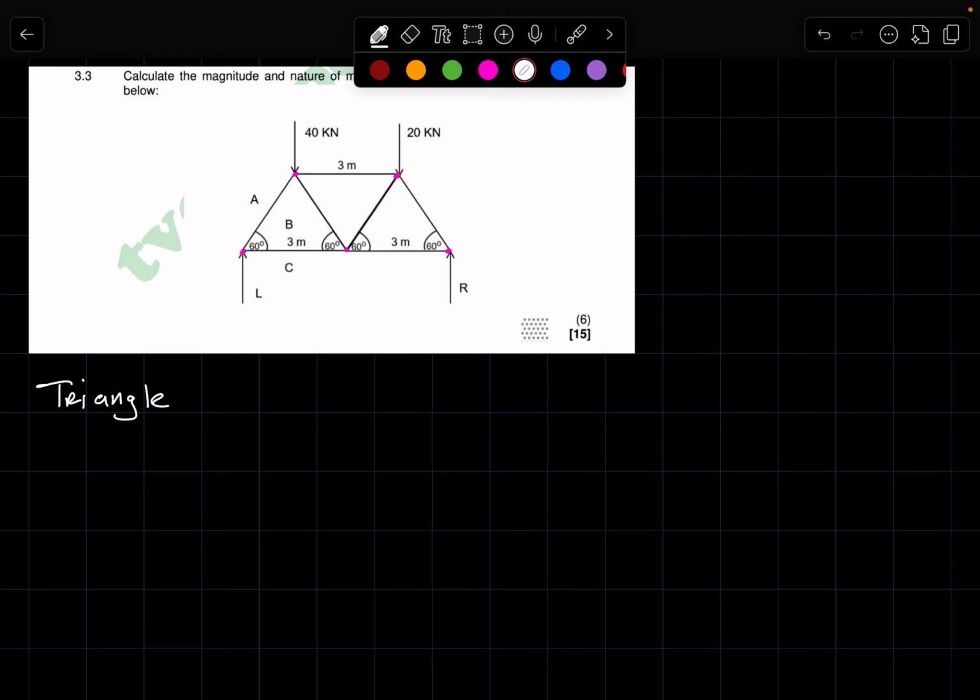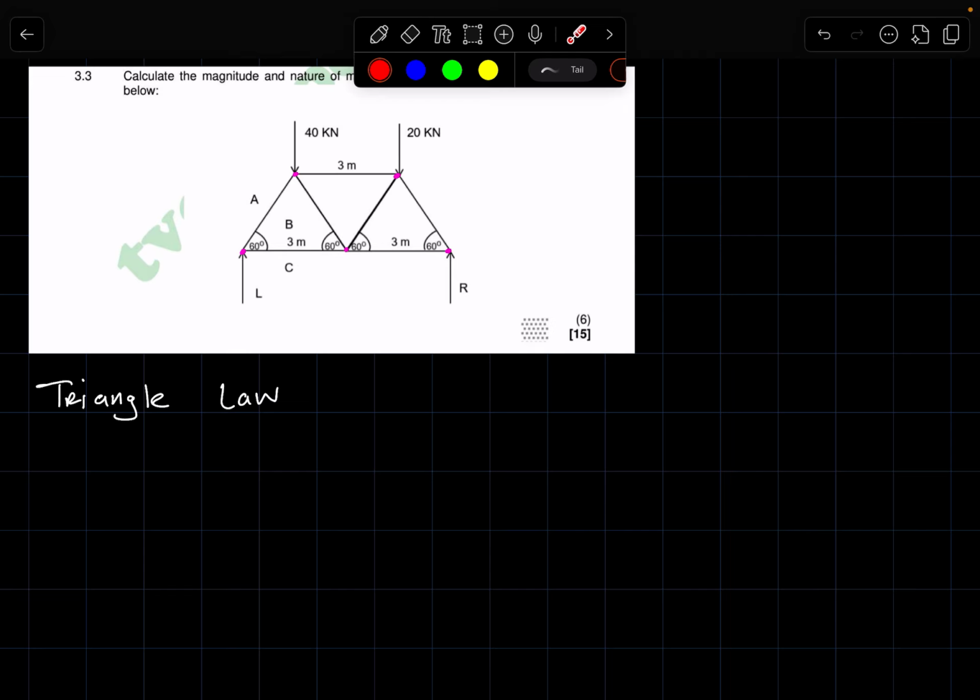So we make use of the method of joints in conjunction with the triangle law. Now, the triangle law essentially states that if you have three coplanar concurrent forces keeping a body in equilibrium, you are able to use those three forces to construct a triangle, the direction of which must follow a head-to-tail direction.